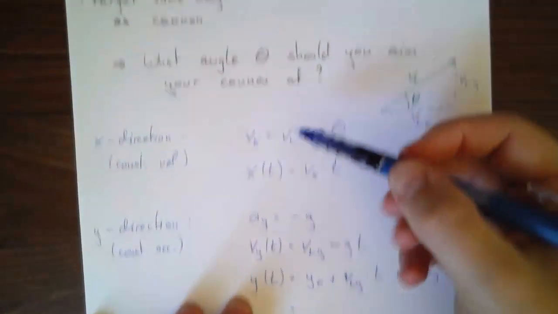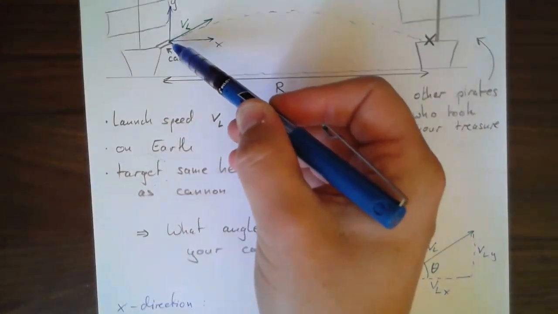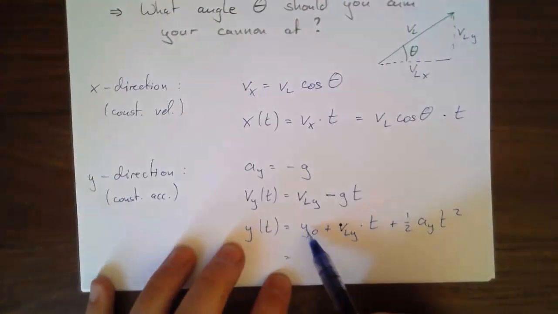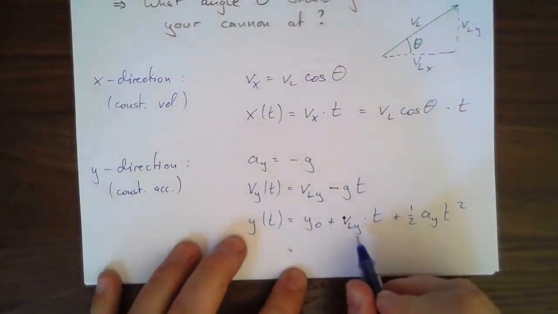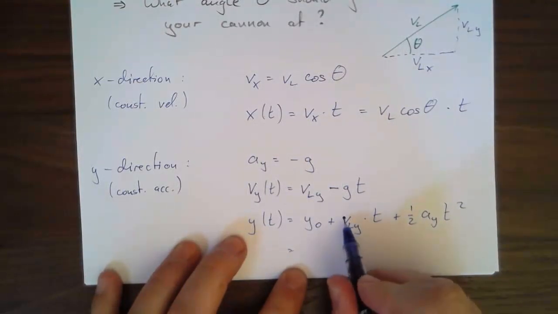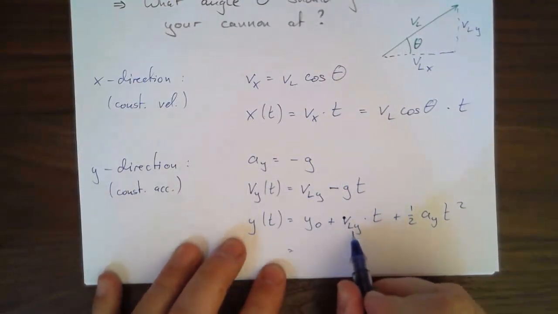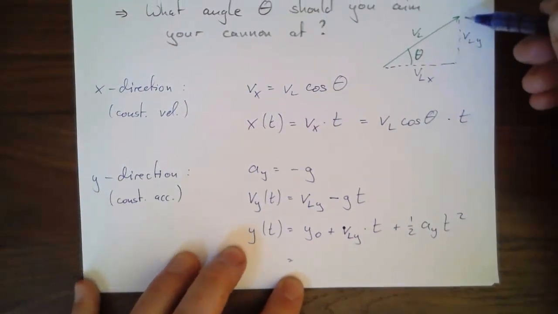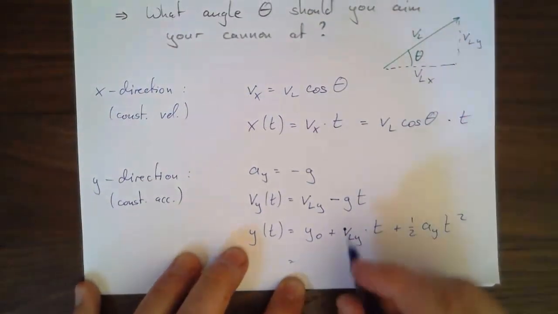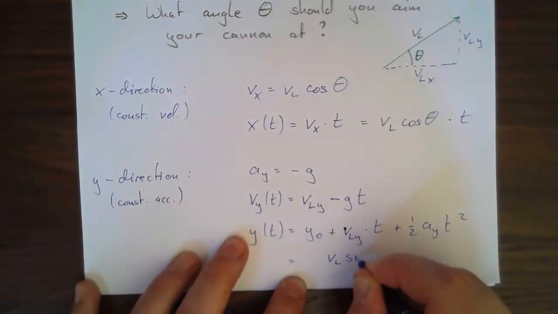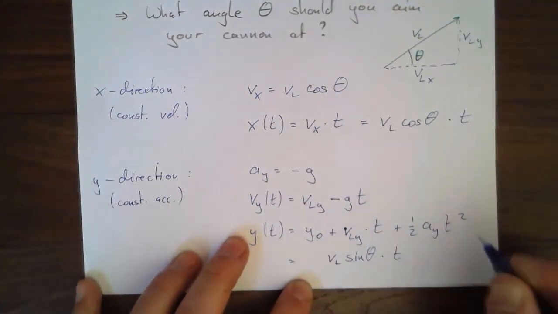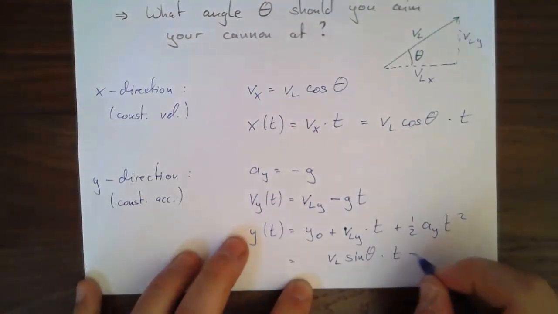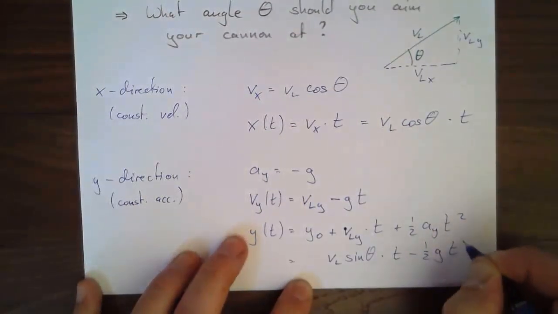So initially we are at 0. My origin is right here. This is where we start. We're at 0 height. I'm not going to write this down because it's 0. Then here I have, excuse the smudge, the y component of my initial launch velocity, what I drew here. So this is going to be VL, the launch speed, times sine theta, which is the opposite of the angle, so sine, times time, and then ay is minus g, so minus 1/2 g t squared.